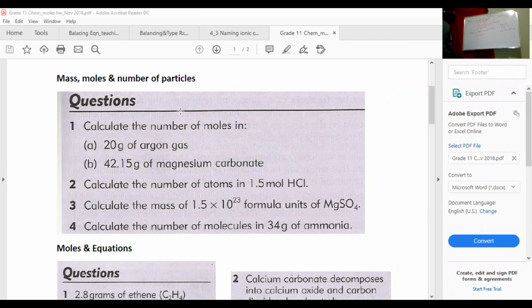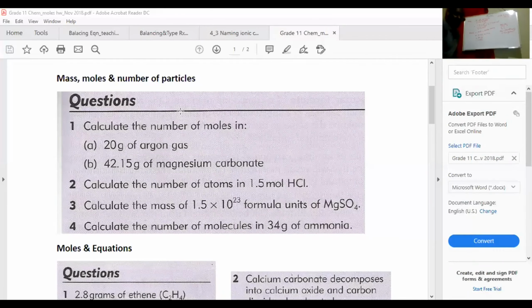It's 120. So we get 120 gram per mole. And so multiply this by 120 and we get 30 grams. So the mass of magnesium sulfate that has that amount of particles is 30 grams.